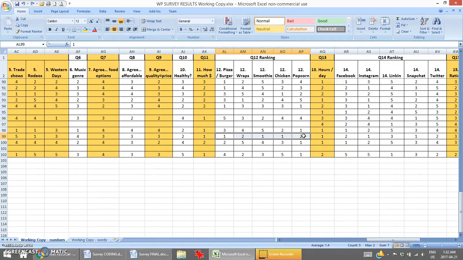Remember, with the ranking data, we have to clean this up. Each of the survey responses for question 12 should add up to 15, like row 98 does. We can see that the sum is 15. We have 1, 2, 3, 4, and 5. So if it doesn't, there's a way we can clean that up.